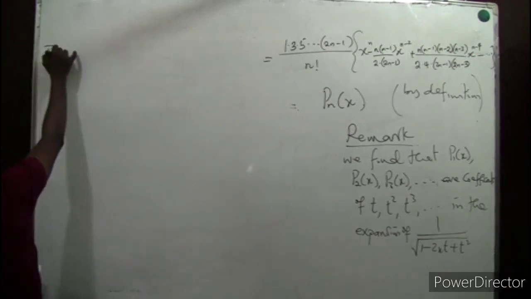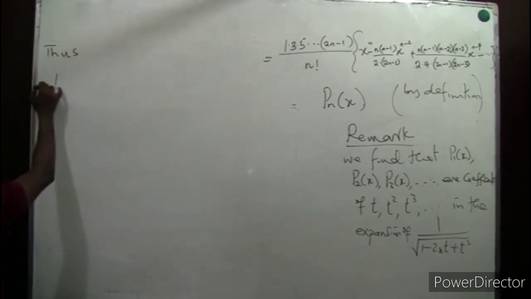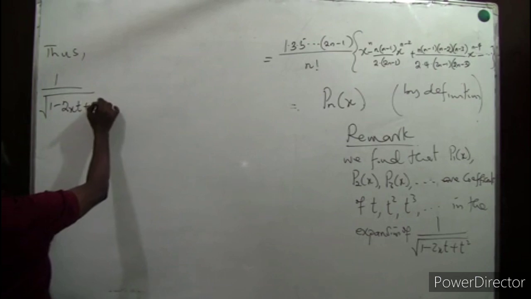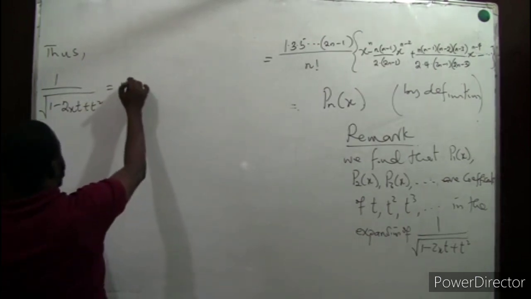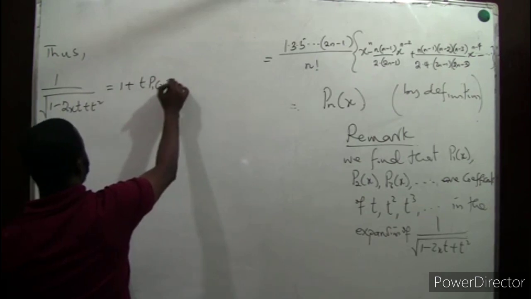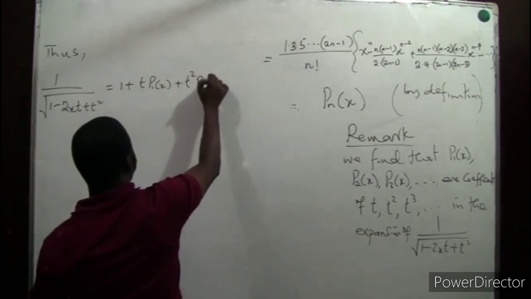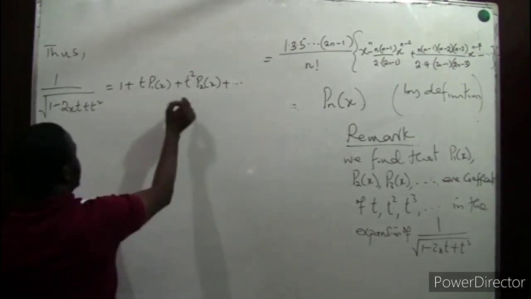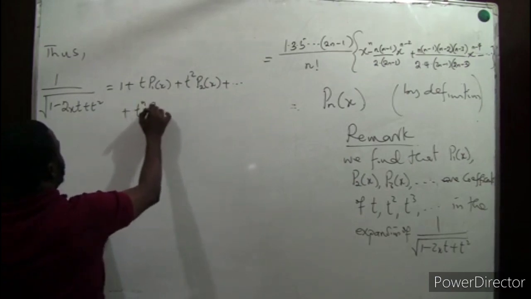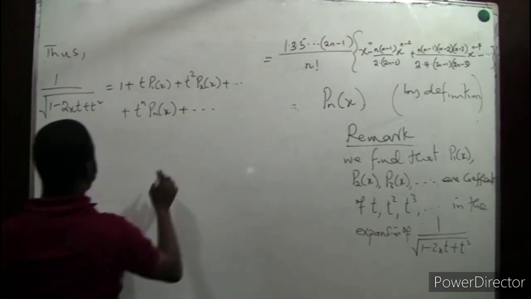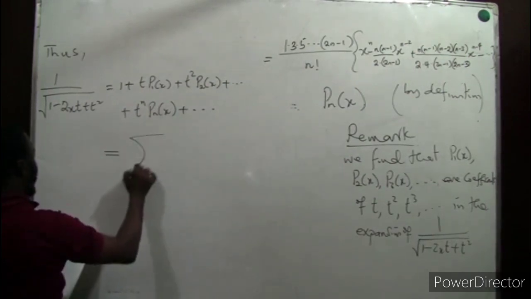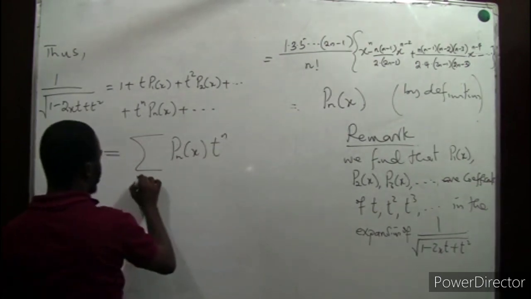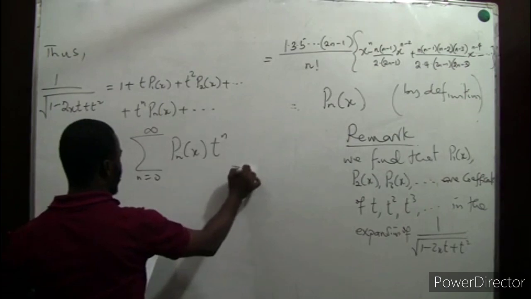Thus, 1 divided by square root of 1 minus 2xt plus t squared now becomes 1 plus t P1 of x plus t squared P2 of x plus it continues until I have t raised to power n Pn of x, plus it continues, which is now written in compact form as the sum of Pn of x t raised to power n from 0 to infinity.